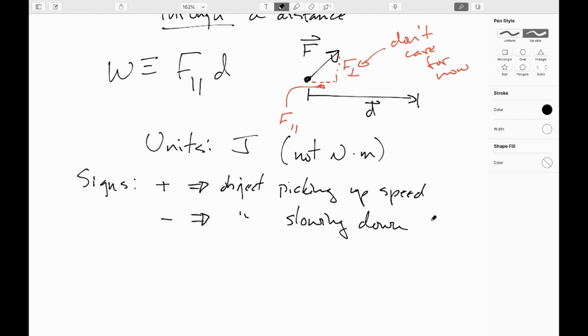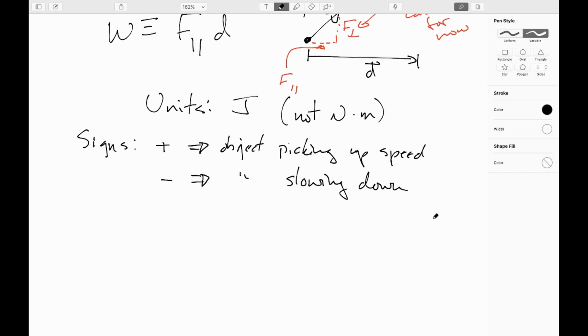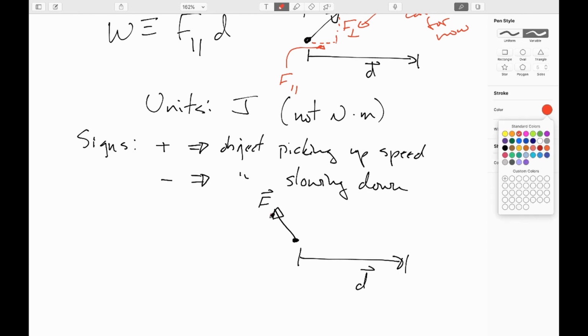So for instance here, this would be if the displacement of my object is to the right, and I'm applying a force, let's say up and to the left here. In this case, my component F parallel is anti-parallel to the displacement. So it's trying to slow the thing down. And that will correspond to a negative work.